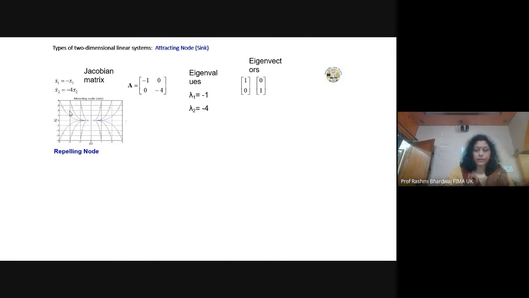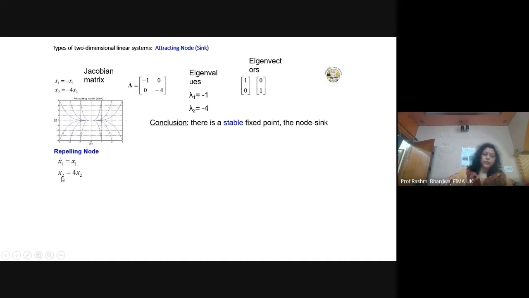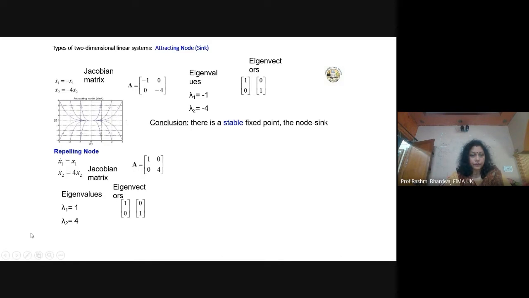Now if you have another behavior, where x1 dot is x1 and x2 dot is equal to 4 of x2, in this case the eigenvalues are 1 and 4. So both are positive roots, meaning positive eigenvalues.